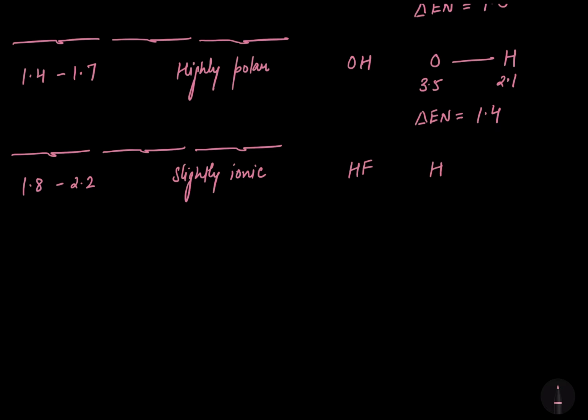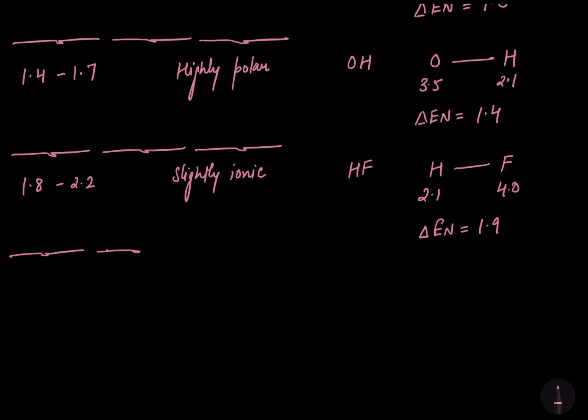That's hydrogen bond fluorine. What's the electronegativity value of fluorine? It's 4.0 and what's that of hydrogen? It's 2.1. So the electronegativity difference for this bond will come out to be 1.9. So this bond is slightly ionic, or we can say in this bond we are having higher charge separation. The extent of charge separation is very high.